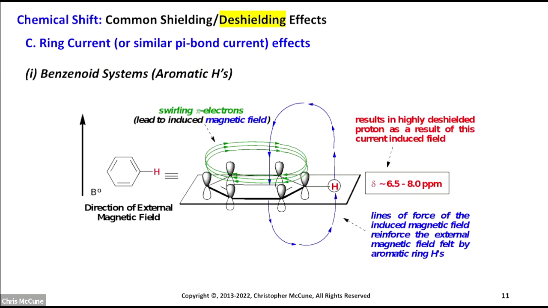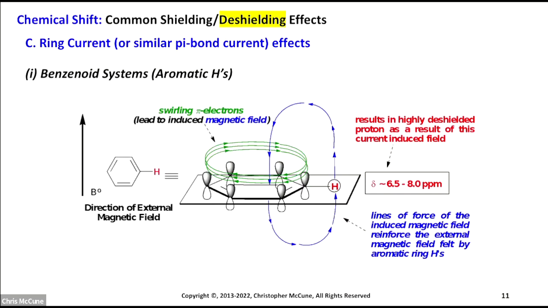And so when you think about what happens here when you start to get these swirling pi electrons, the induced magnetic field is heading in a direction like this. And so as it passes through the hydrogen on the outside of that ring, it's in a direction that's the same as the field here. And so it's reinforced magnetic field that you're feeling.